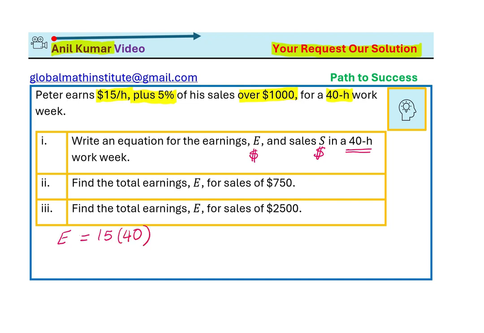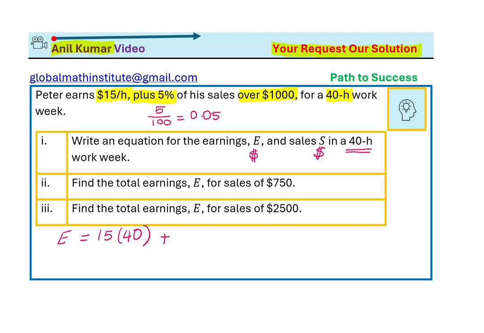So during the week of 40 hours, total earning will definitely be 15 times 40. Now, on top of this, sales, if they are more than 1000, then 5% will be additional earning. So 5% means 5 divided by 100. Percent means out of 100, which is 0.05.